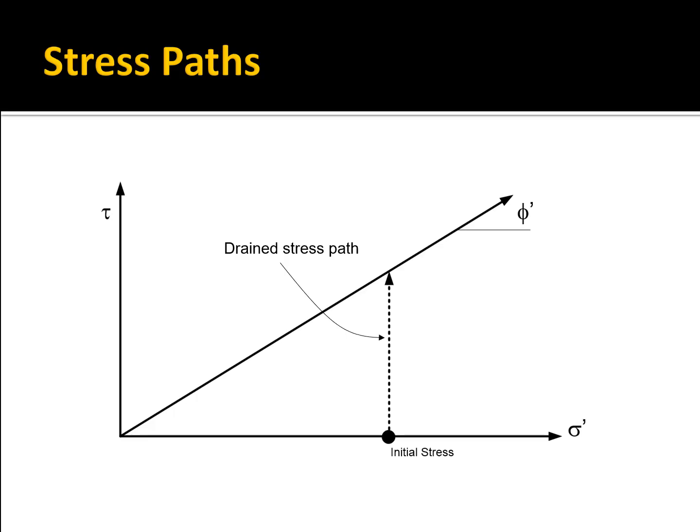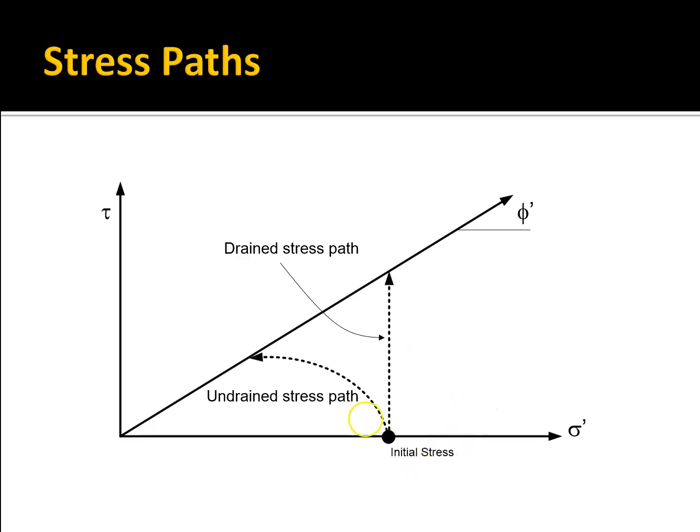But if you have undrained conditions, it can take a couple of different paths. For normally consolidated clays or lightly over-consolidated clays, or for loose sands, and what I'm talking about here is the majority of soils we deal with, what happens is as you apply shear stress, those particles in the shearing zone go from a loose state to a more dense state, and that increases the pore pressure in the shearing zone.